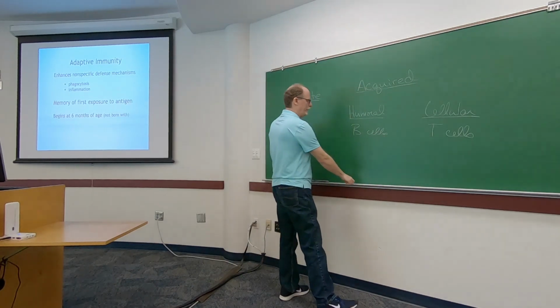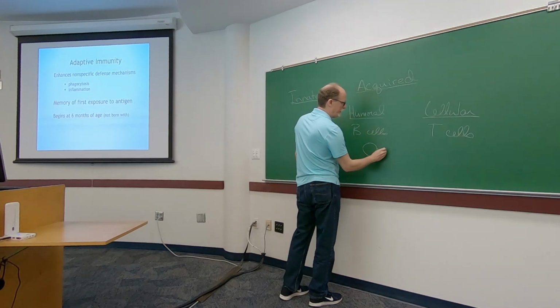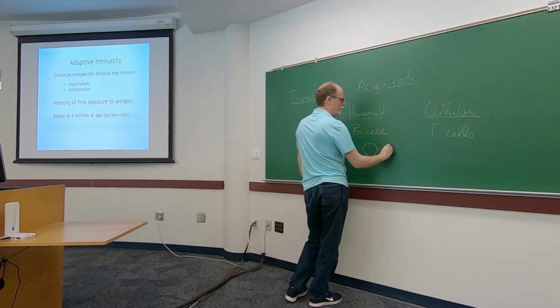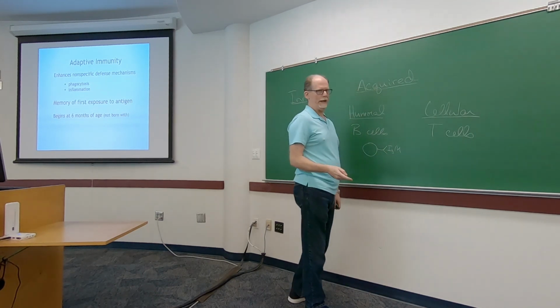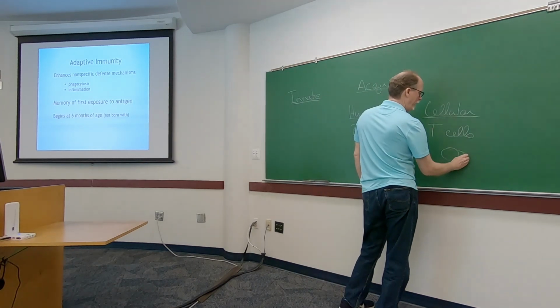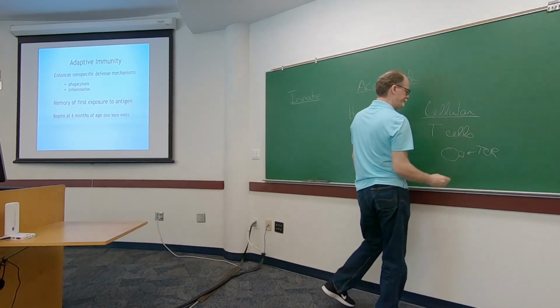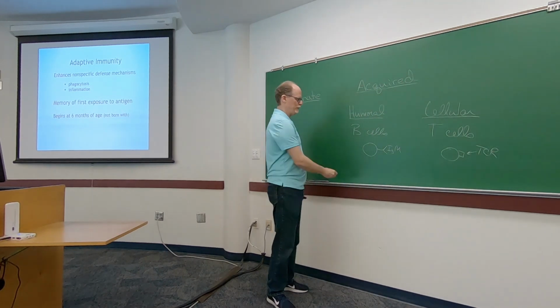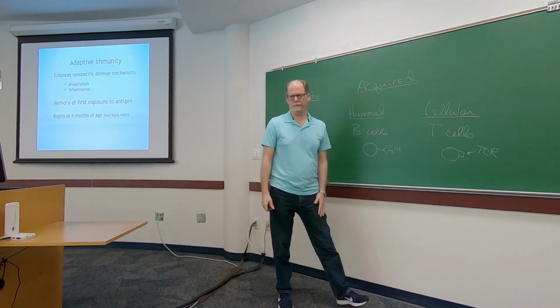And I hope this concept of memory cells, both B cells and T cells, when they get activated, right, so a B cell has an IgM receptor to bind to an antigen. T cells have the T cell receptor. So these are what they call receptors for the antigen.